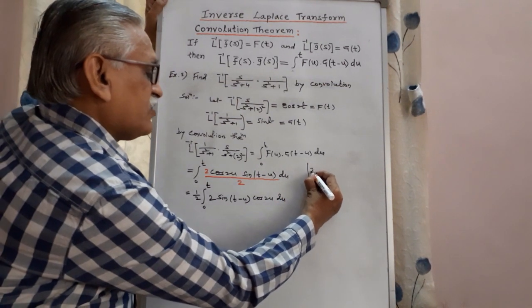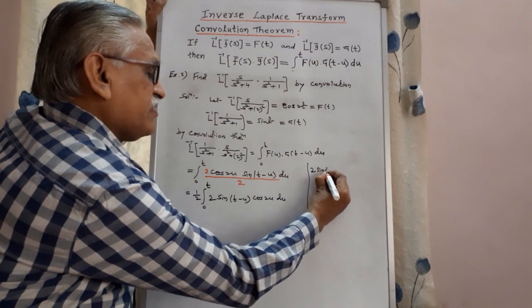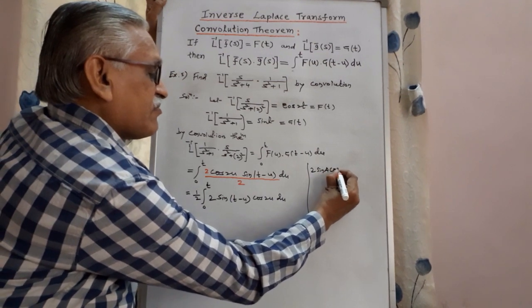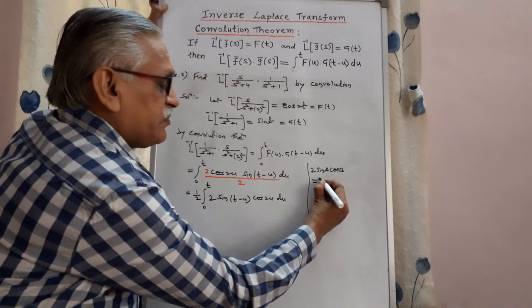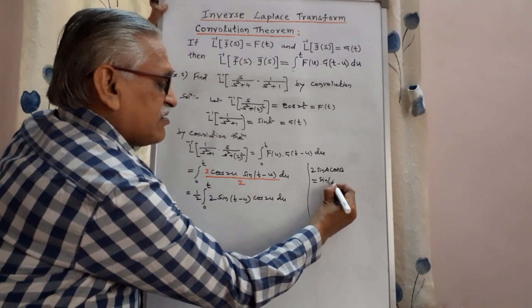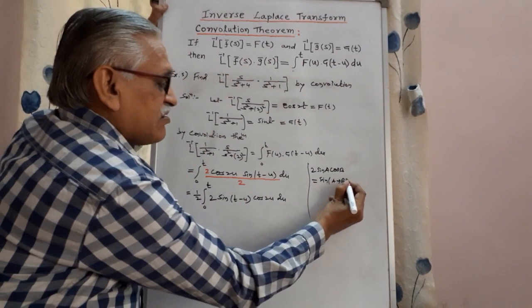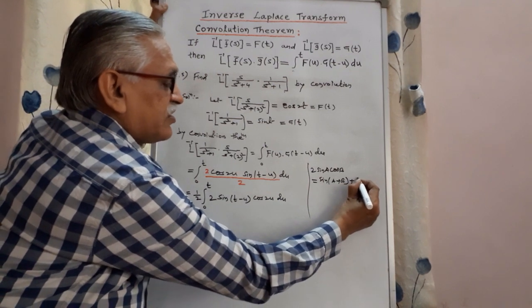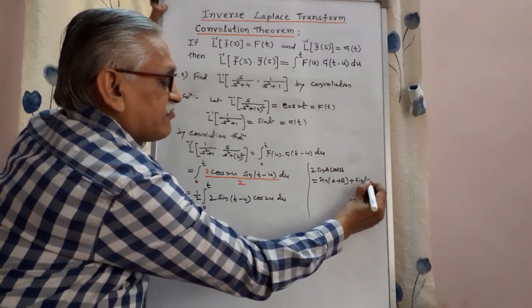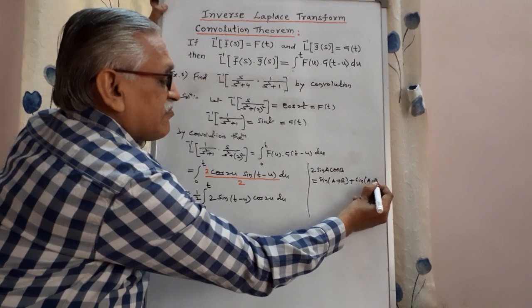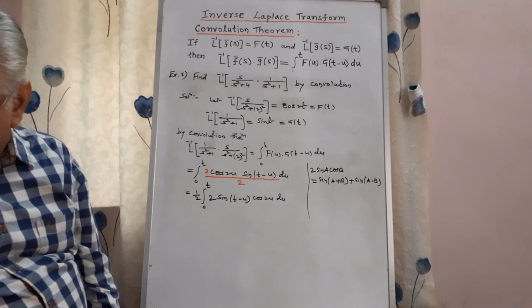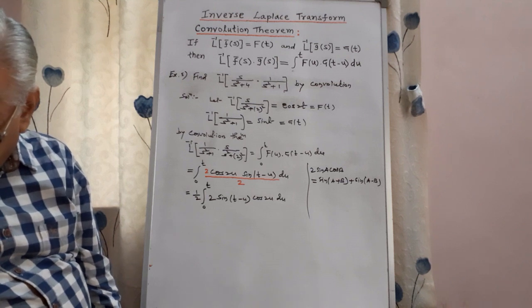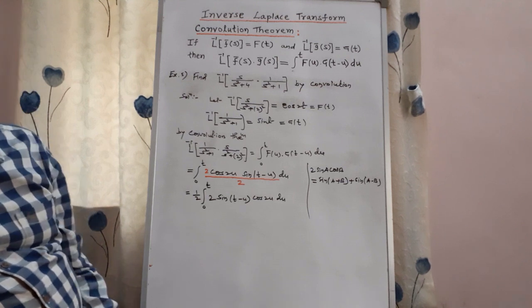Yes, what standard result we can apply here? We know that 2 sine a cos b is equal to sine of a plus b plus sine of a minus b.